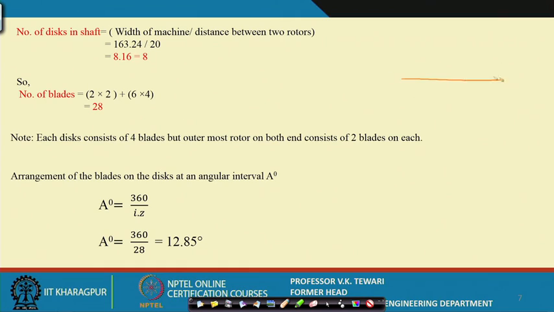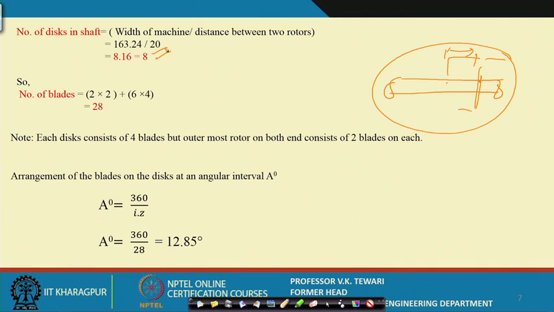For example, if this is the blade here, it has something to do with this length also, because only then should you see that the next one comes somewhere there. On these considerations, let us say it is about 20 centimeters. So, the number of discs on the shaft will be about 8.16, and we can comfortably take 8.